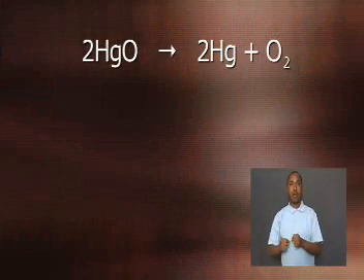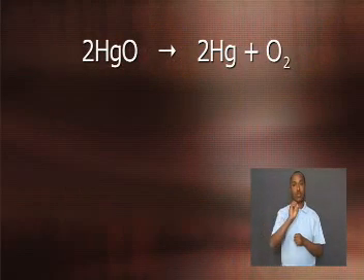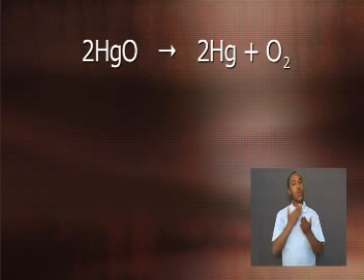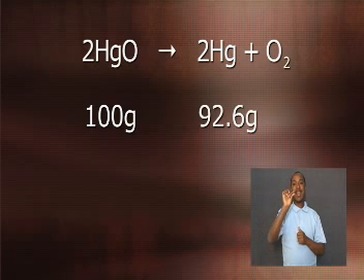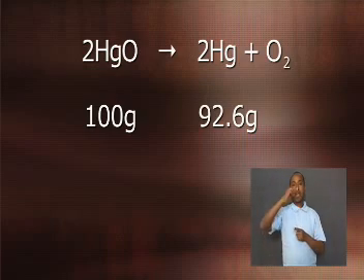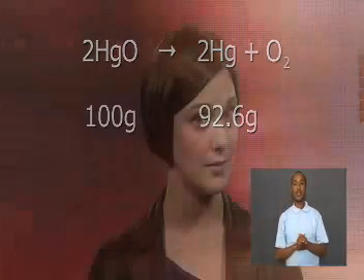The breakdown of mercury oxide is a good example. When heat is added to 100 grams of mercury oxide, 92.6 grams of mercury is formed.